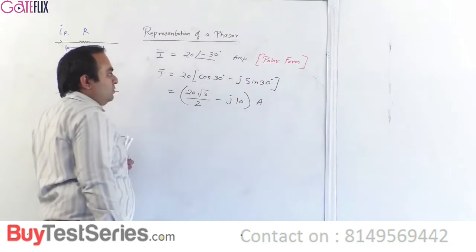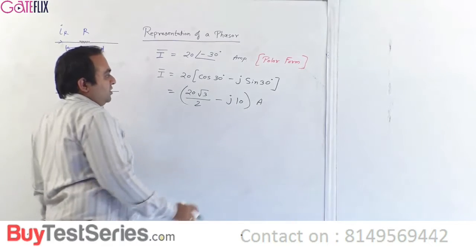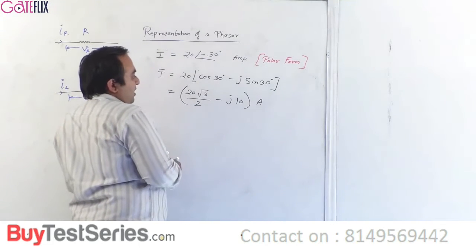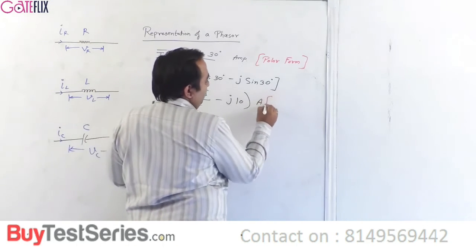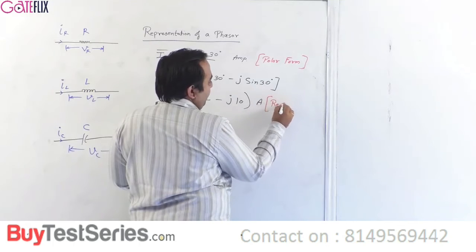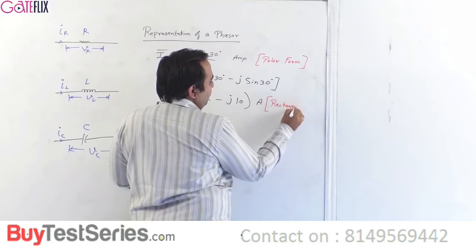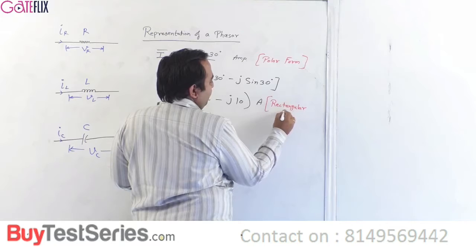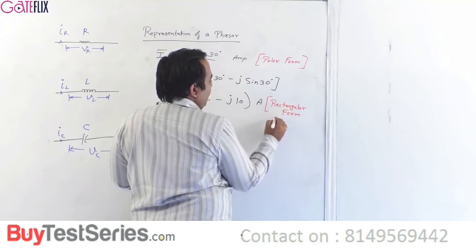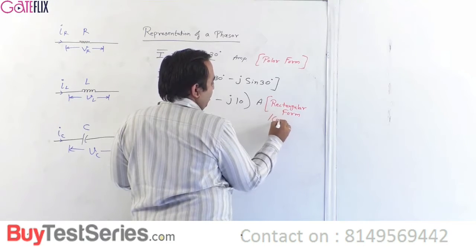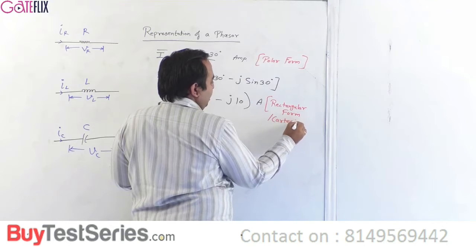Sine 30 is 1 by 2, so it becomes this much. Hence we call it the rectangular form or Cartesian form, as you want to call it, Cartesian representation.